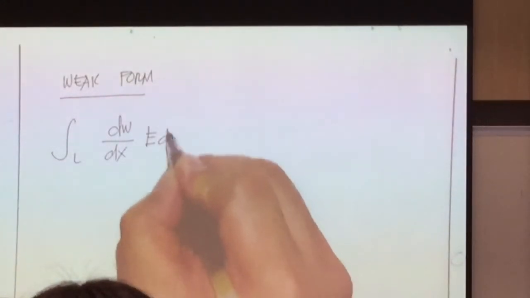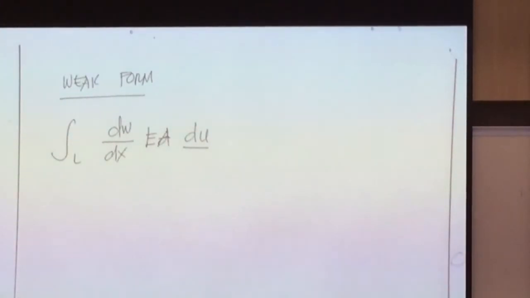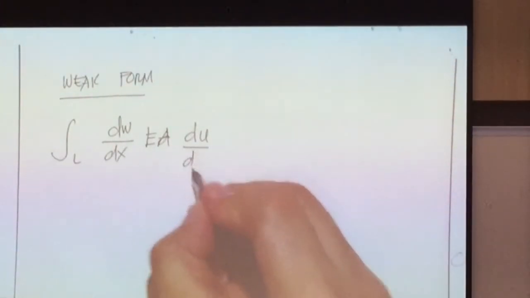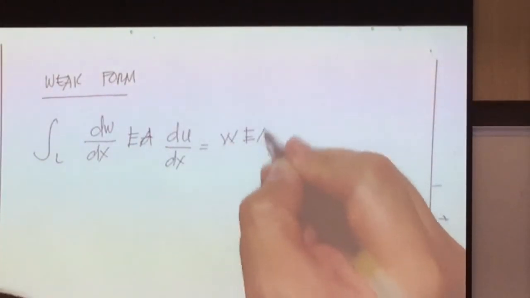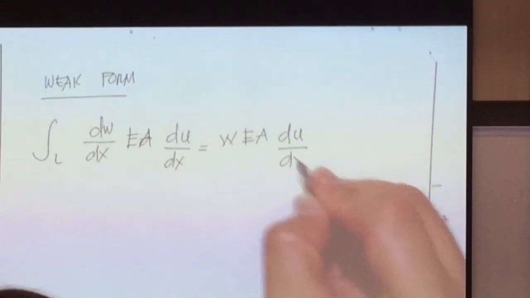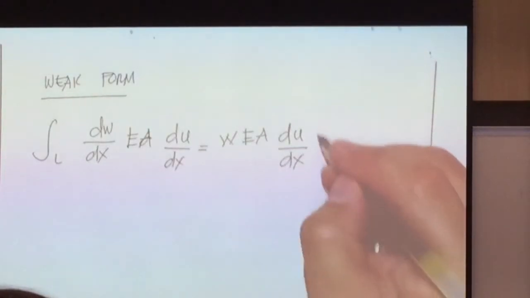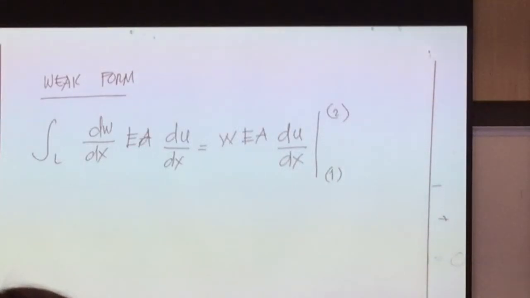You have EA, and then the derivative of the displacement with respect to x, from node 1 to node 2. So let's have a look at this one. We have understood already our shape function.